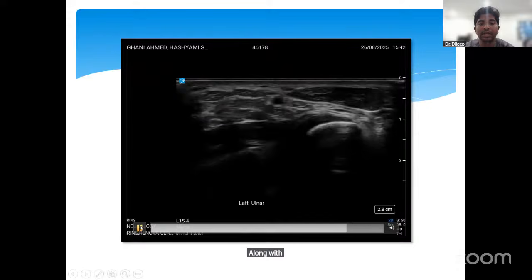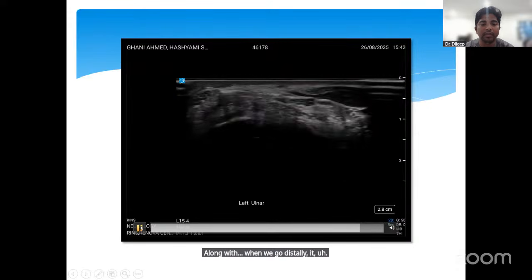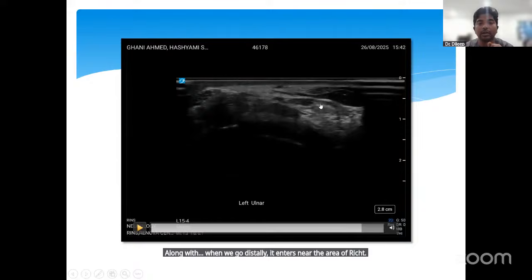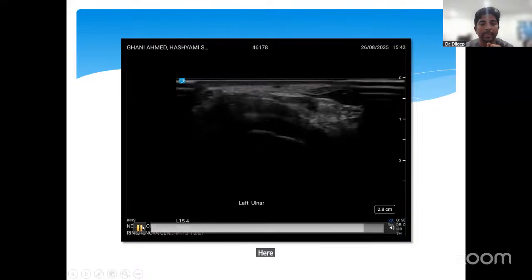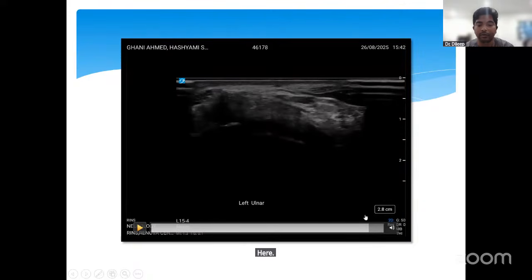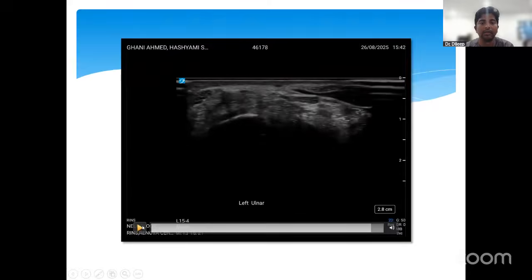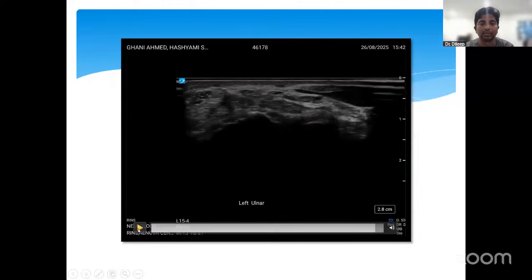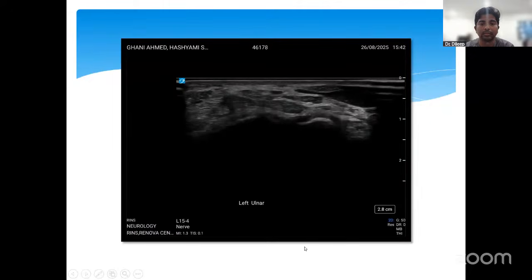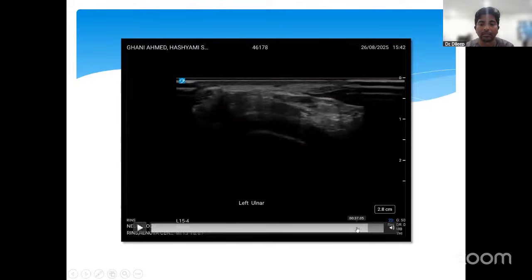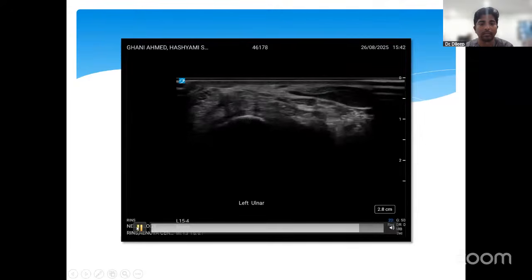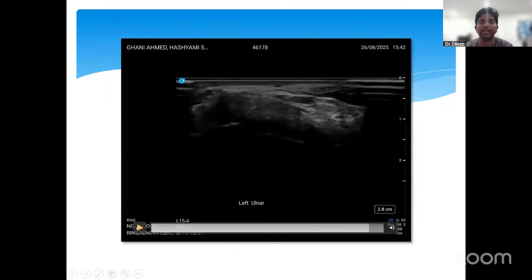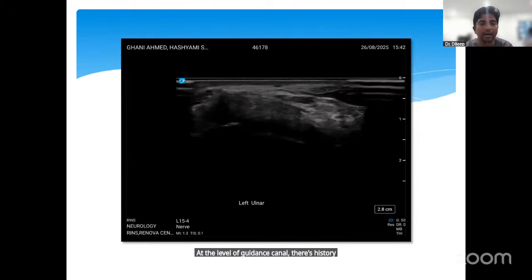When we go distally, it enters near the level of the wrist, at the level of Guyon's canal. There is a cystic lesion here, which compresses the ulnar artery and the ulnar nerve.